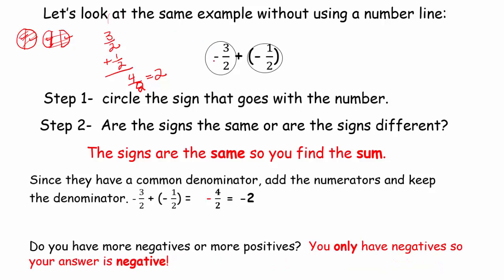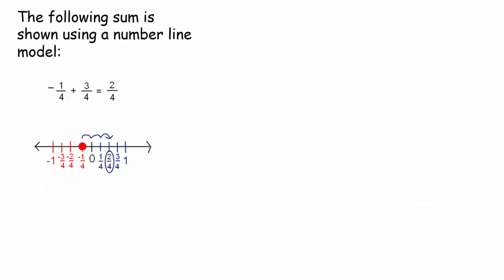Well, even if I just focus on the numerators, here I have 3 negatives. Here I have 1 more negative. How many do I have running around? Oh, I have 4 negatives running around. There are no positives. My answer must be negative. Same exact rule that we used when we were adding integers. And -4 halves is -2. We only had negatives. Our answer was negative for that one.